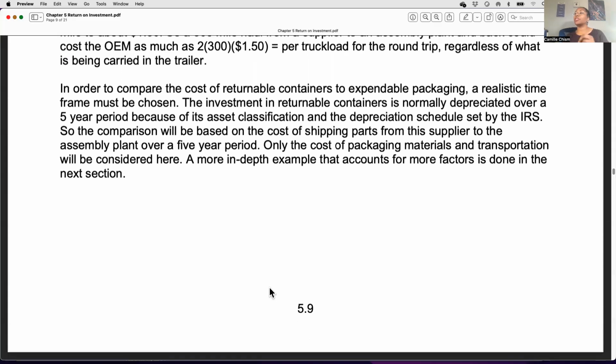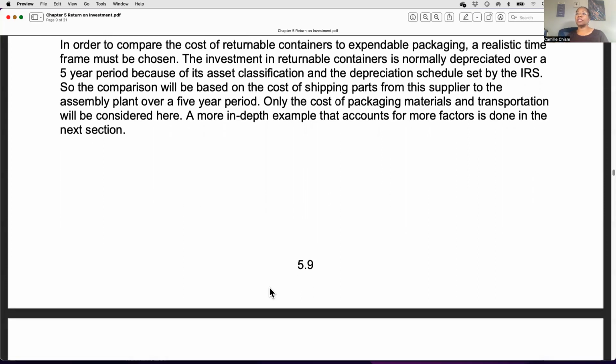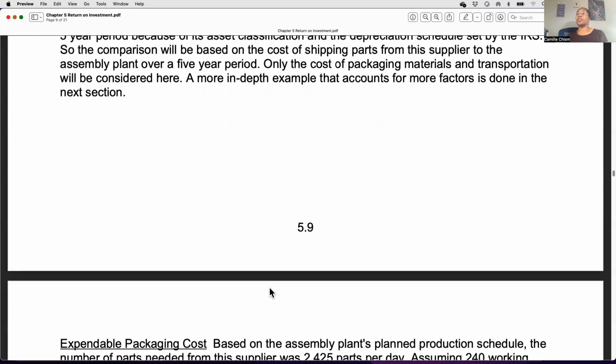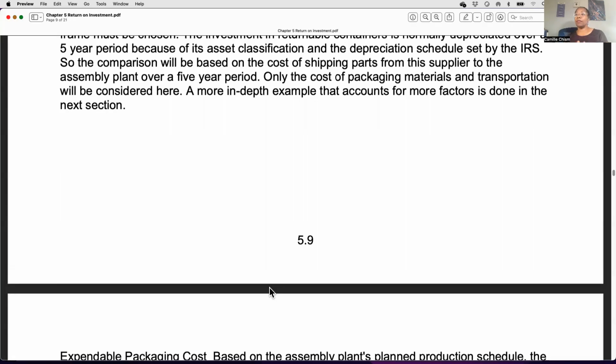And when we do this, we're just looking at the packaging and the transportation. There are other things too. As I said, I have other calculators, and I'll show you over the next couple of days so you can see the different comparisons and options, just to get an idea. But in general, this is the base way that it's done.